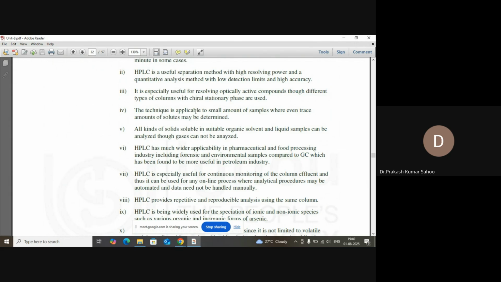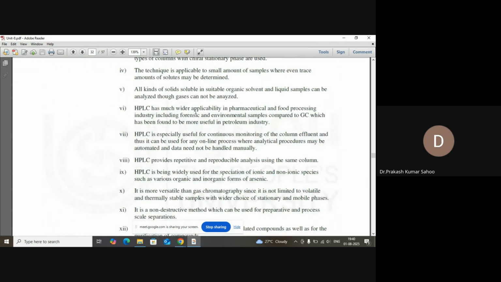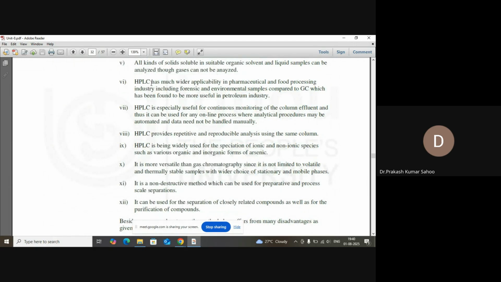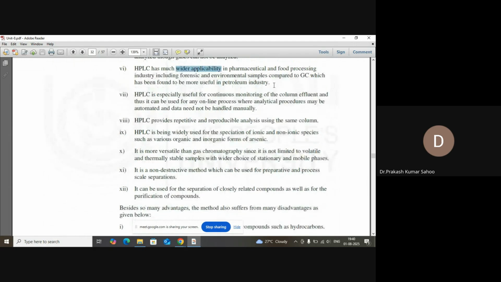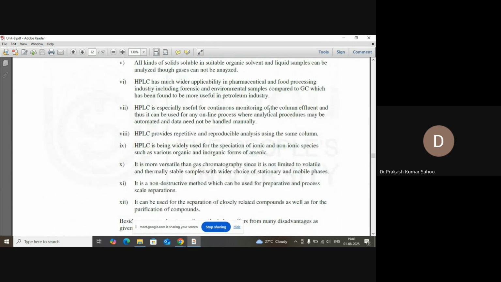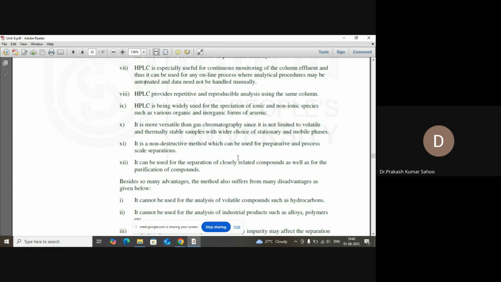These are the advantages of your HPLC. And HPLC has wider applicability in pharmaceutical and food processing. It is specifically useful for continuous monitoring of the column effluent, and thus it can be used for any online process. It provides repetitive and reproducible analysis using the same column.